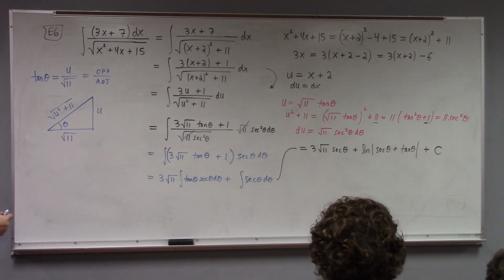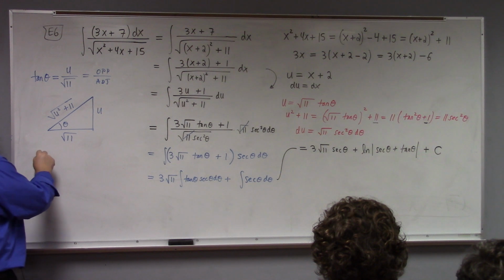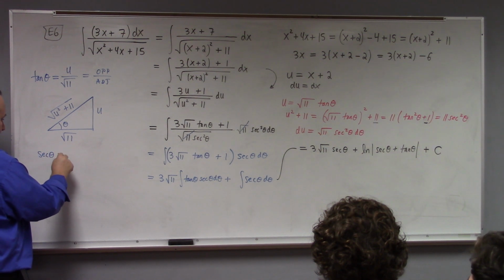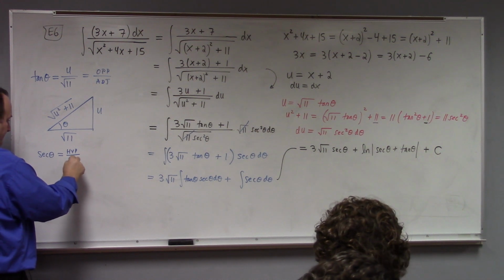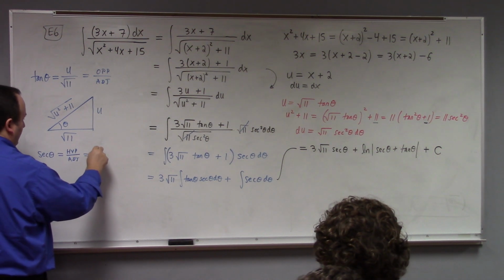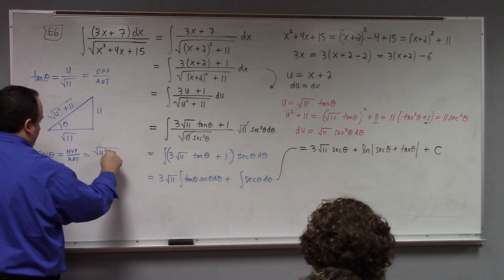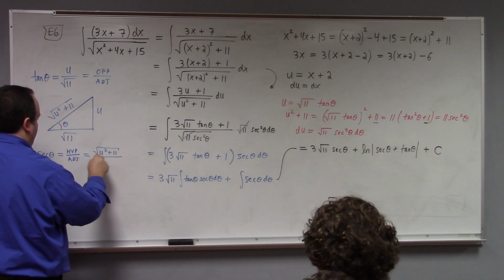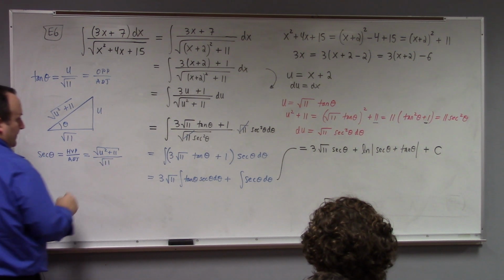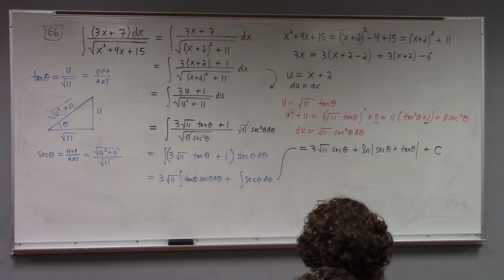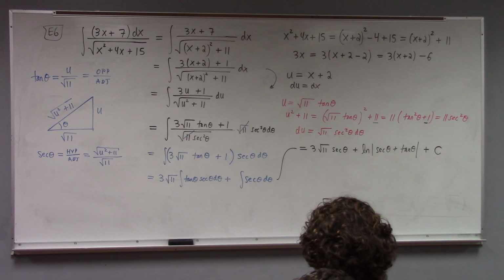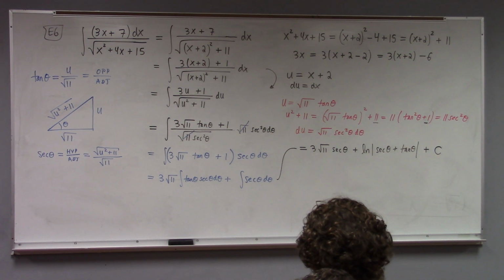So let's see here. Secant theta is what? It should be hypotenuse over adjacent, right? Which in this case is the square root of u squared plus 11 divided by root 11. So that's nice. That square root of 11 will cancel with the square root of 11 that's in the answer there. That's nice.